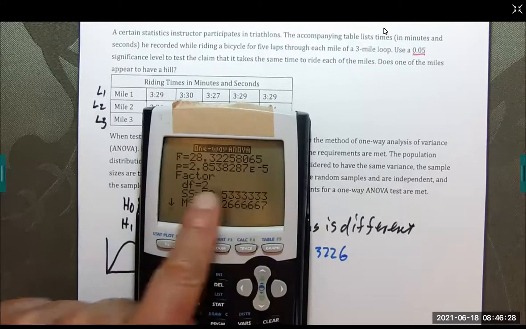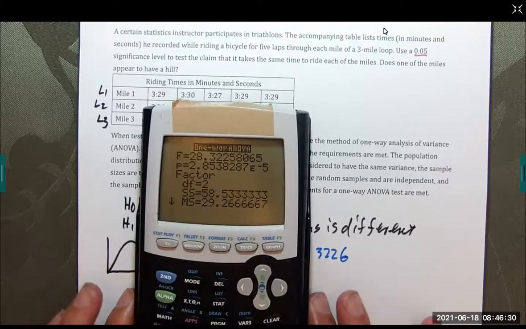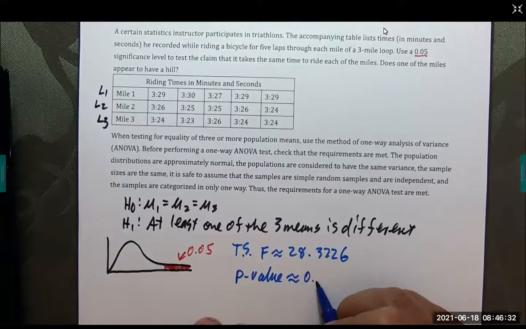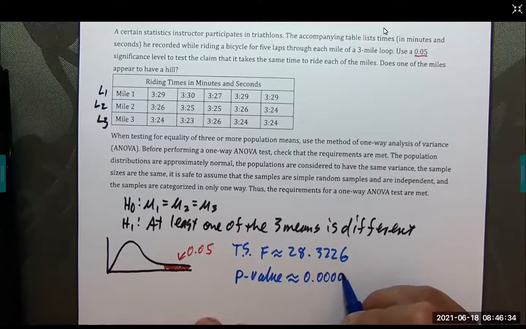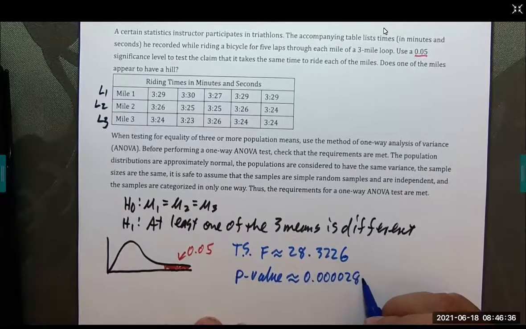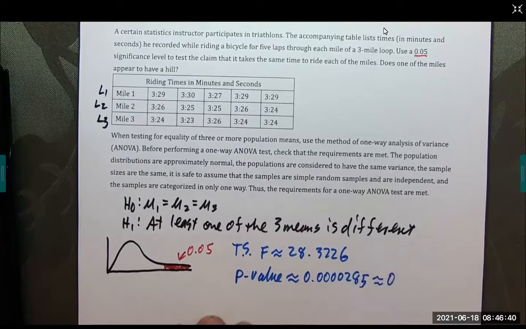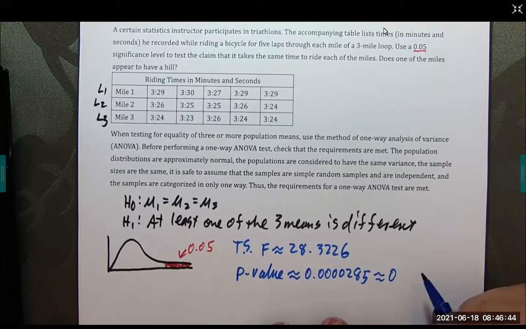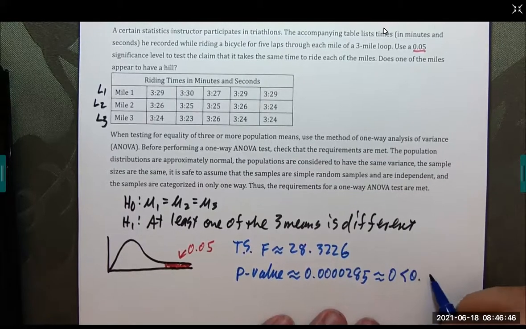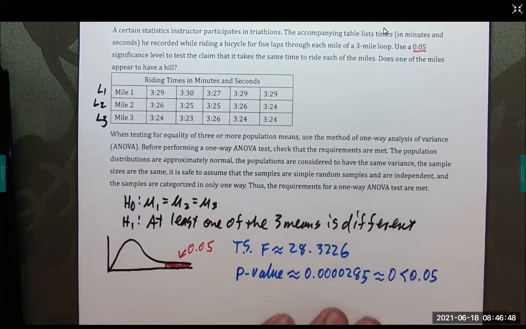So I'm going to move that decimal over 4 places: 1, 2, 3, 4, 0.0000285, which is about 0. It's not worth splitting hairs over, which is clearly less than our alpha, which means we are going to reject the null hypothesis.